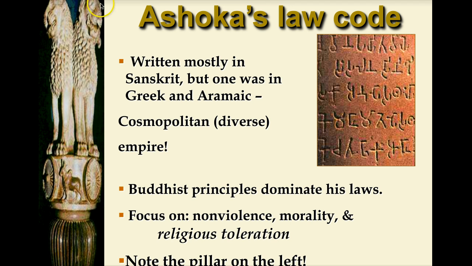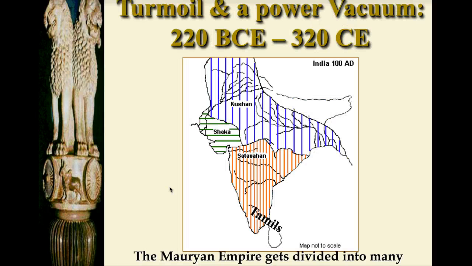The pillar on the left is an example of one of Ashoka's pillars that has his law code written on it. So Ashoka is really the high point of the Mauryan Empire. Things kind of fall apart after his death, and the Mauryan Empire gets broken up into many kingdoms, really until about 320 Common Era.